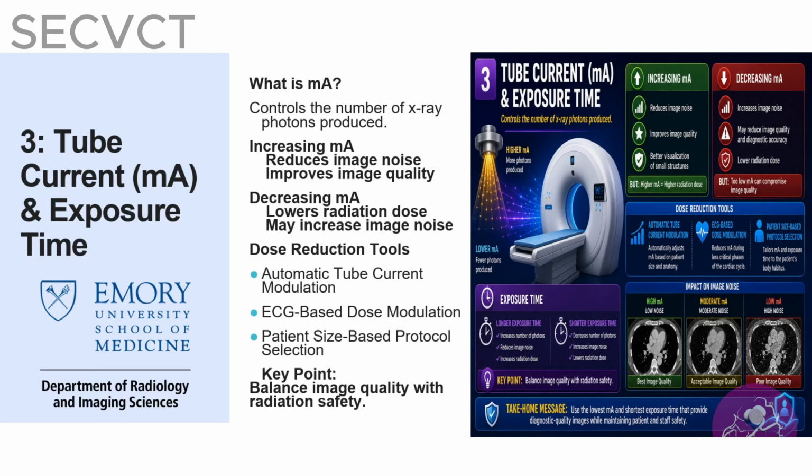Dose reduction tools: we have our automatic tube current modulation, of course our ECG-based dose modulation, and patient size-based protocol selection. You have to be careful on which scanners you are operating and in your operating systems. Key point: balance image quality with your radiation safety.